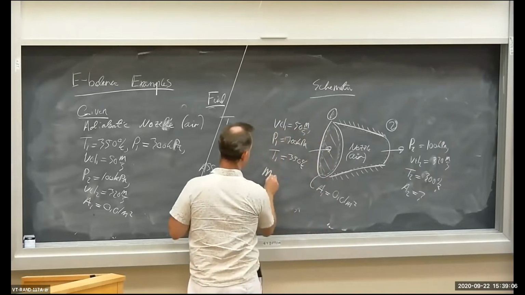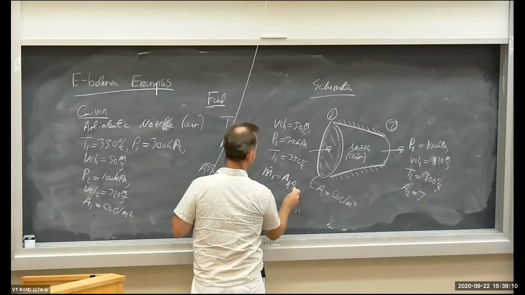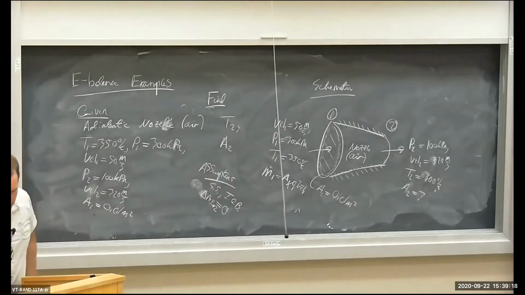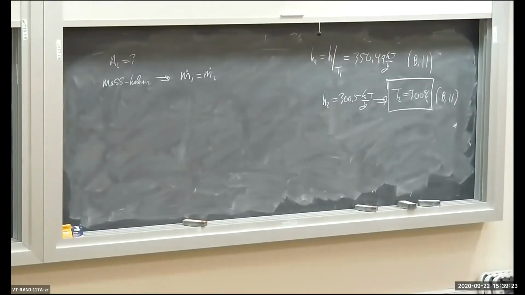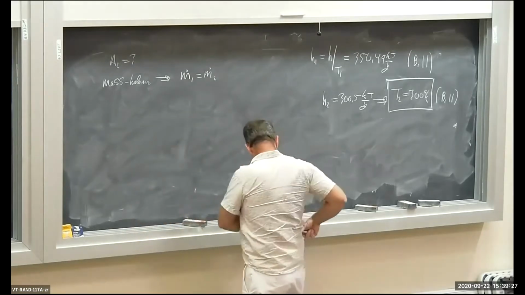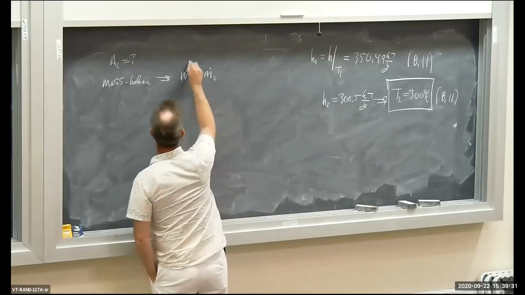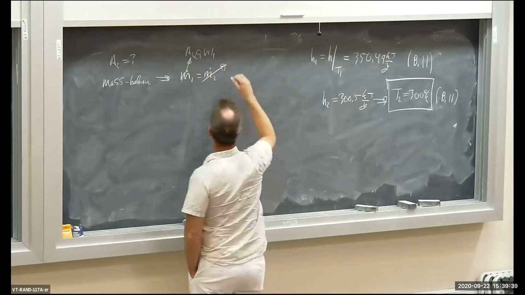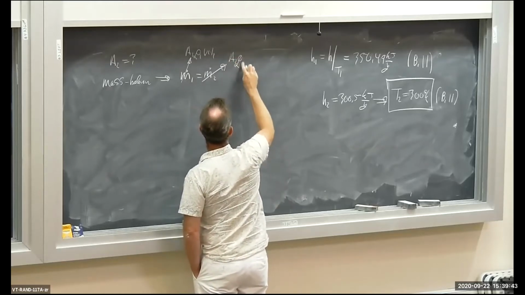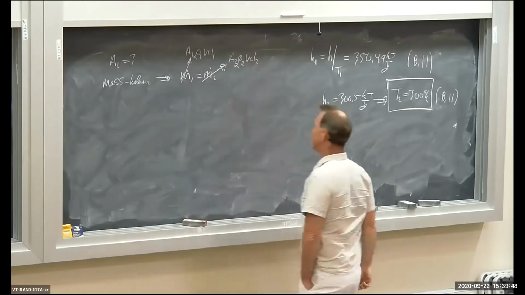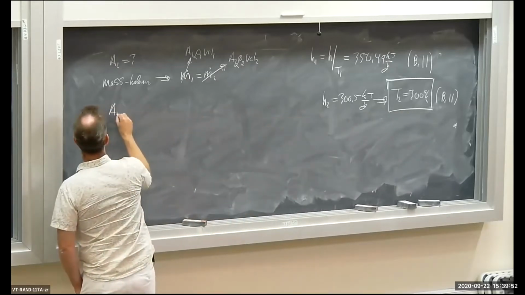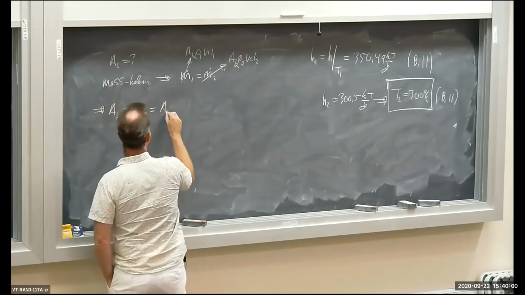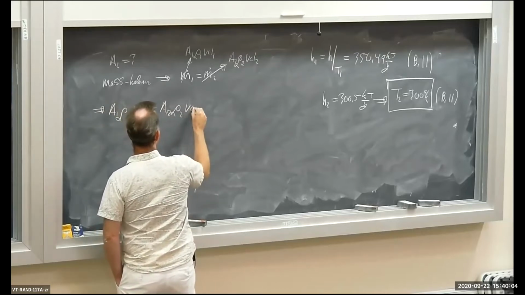So m dot 1 is equal to A1, rho 1, VEL1. The mass flow rate at the outlet is the flow area at the outlet times the density at the outlet times the velocity at the outlet. So A1 rho 1 VEL1 equals A2 rho 2 VEL2.